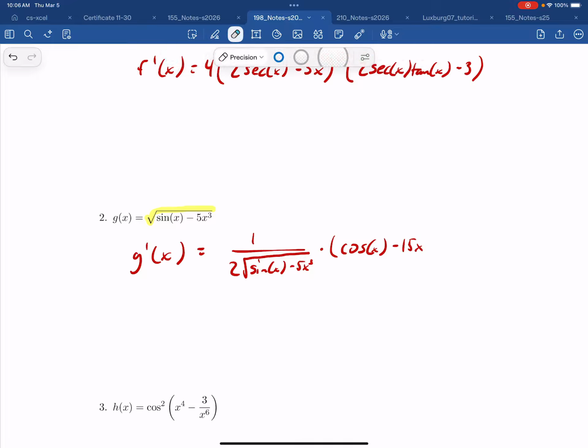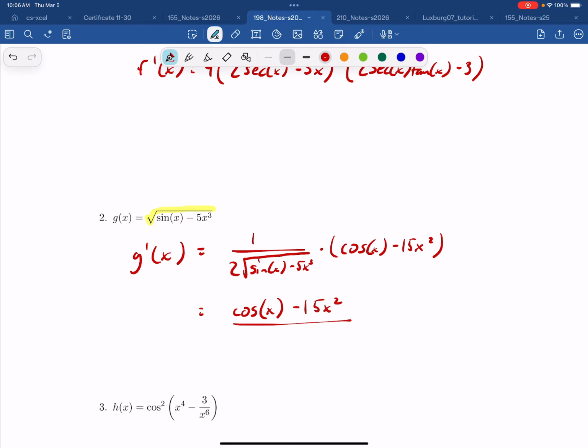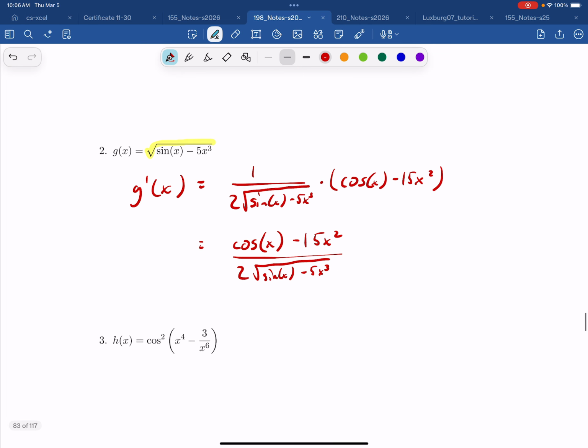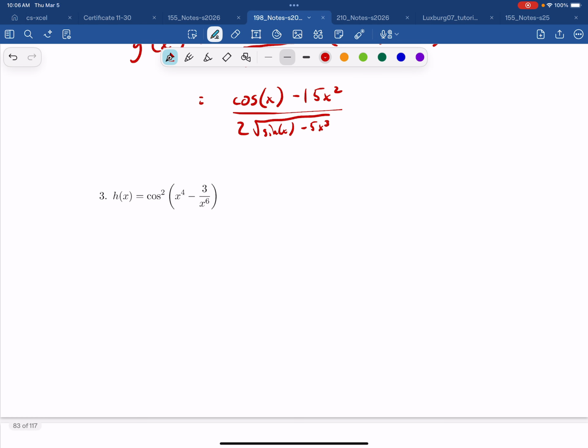And maybe if we wanted to spruce that up a little bit, we could rewrite this as just cosine. Right? Just put that derivative on top. And there we go.